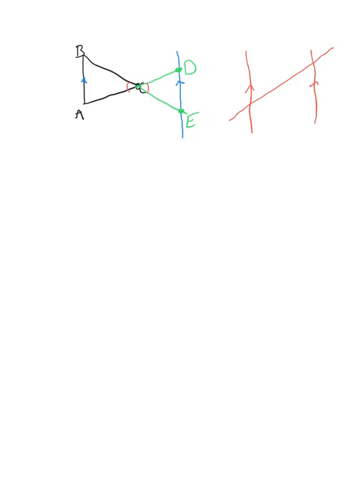So we know that this angle here and this angle here, by our parallel postulate and the X rule, here we have a vertical angle.